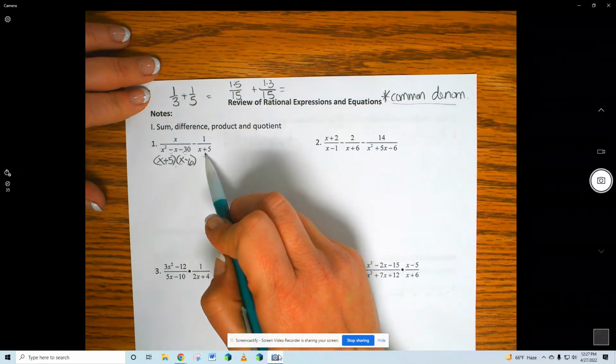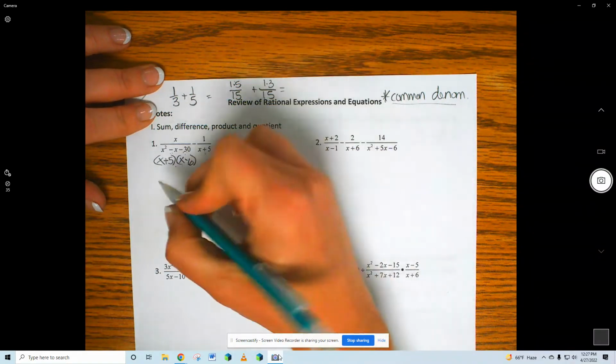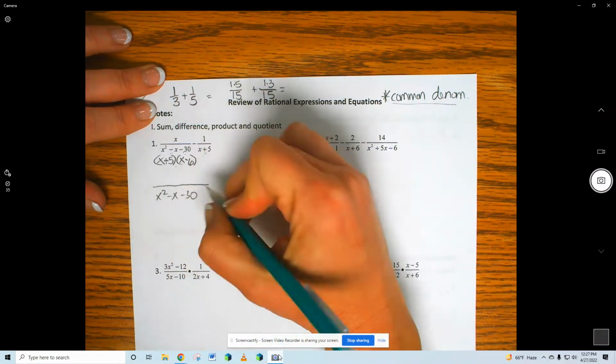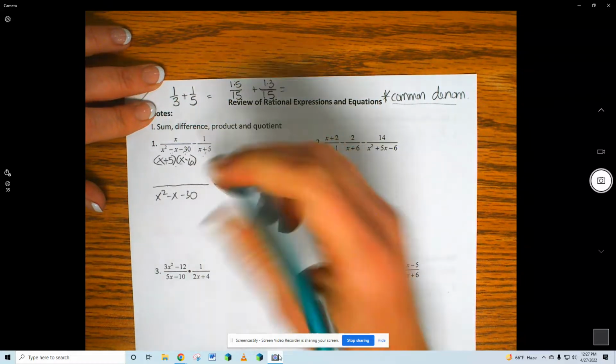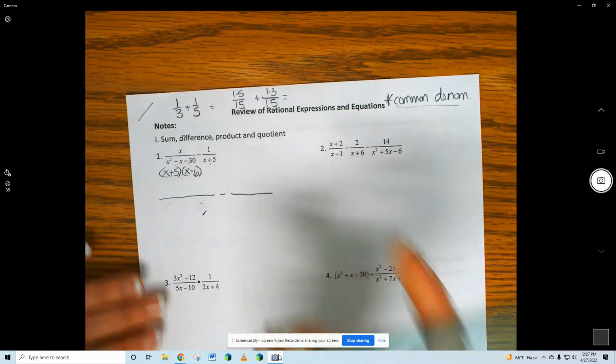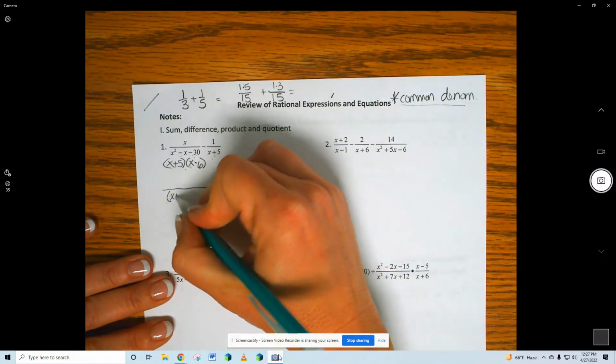If this denominator doesn't have an x minus 6, then what I need to do is I want the denominator to be x plus 5, x minus 6 for both of them.